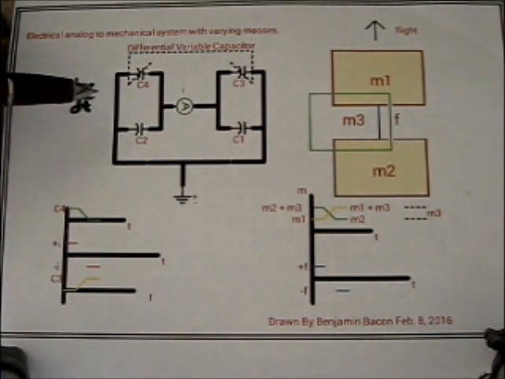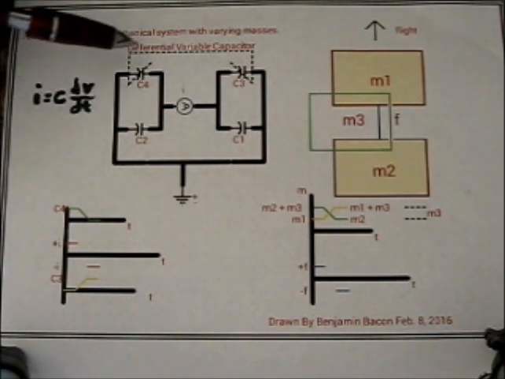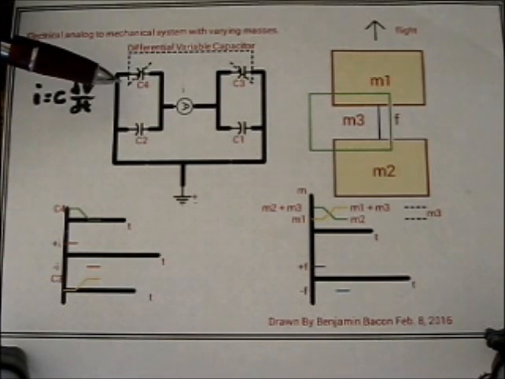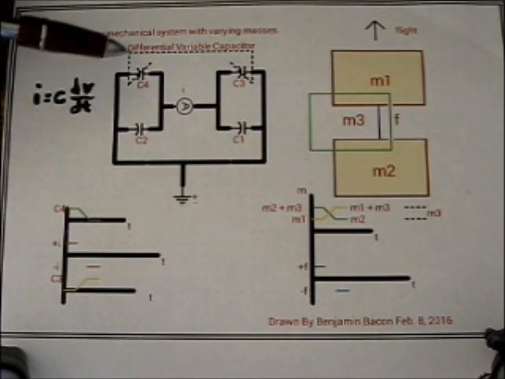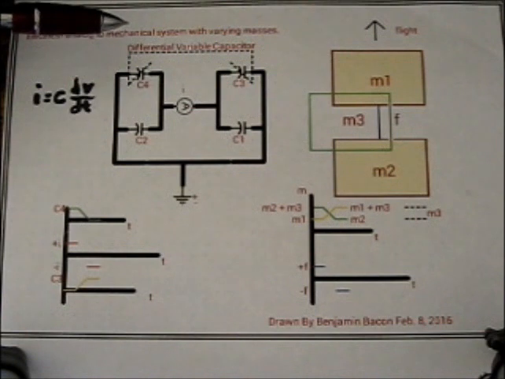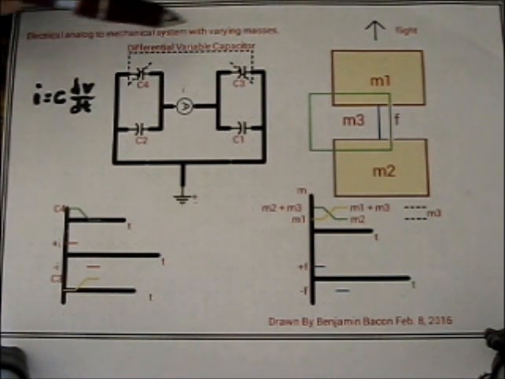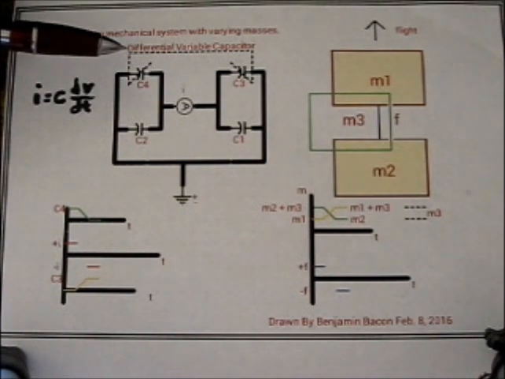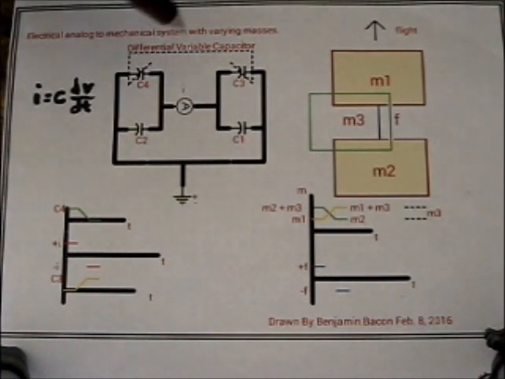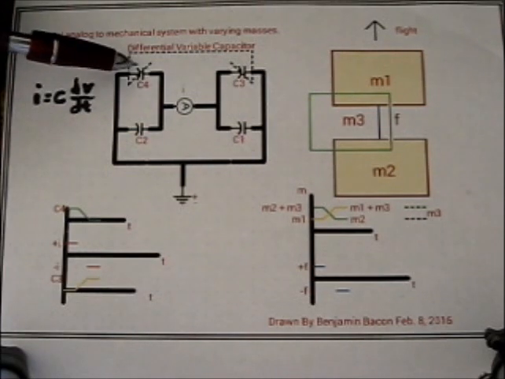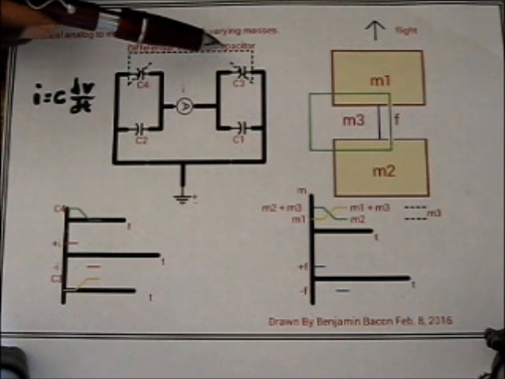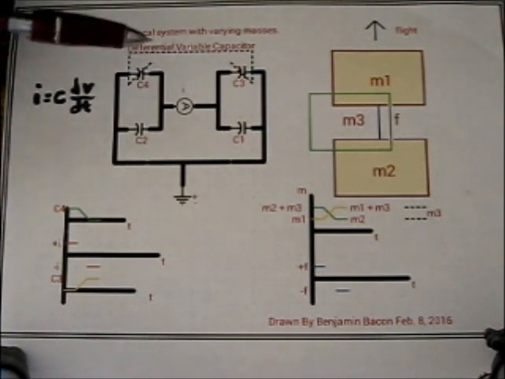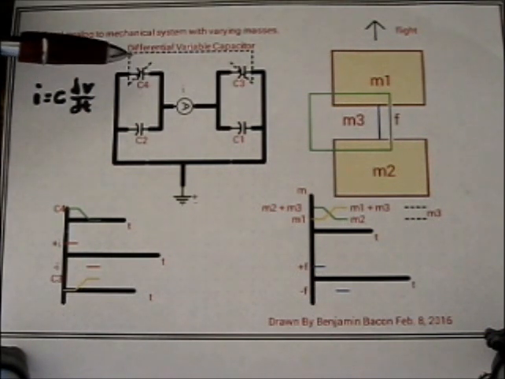Now we will notice that to make this an analog to mass flow, I used a component called a differential variable capacitor. The way this differential variable capacitor works is that when you rotate the knob on the capacitor, one capacitance goes down or decreases and the other increases, so they go in opposite directions.